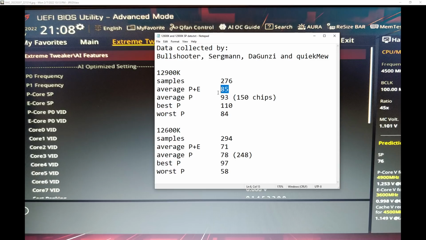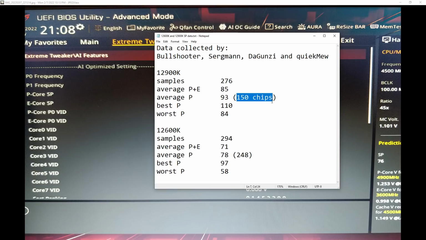The best CPUs that they found in the first overall SP rating pass, they checked for P-core, and that's where this 110 SP rating CPU comes from. It's from CPUs that aren't part of this average P-core statistic, because they weren't checking the P-cores on all of the CPUs.